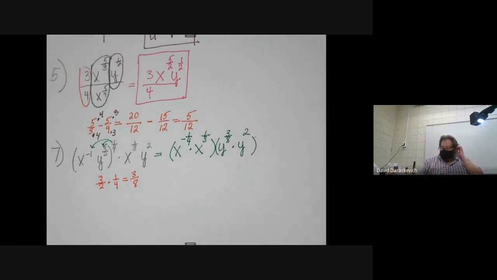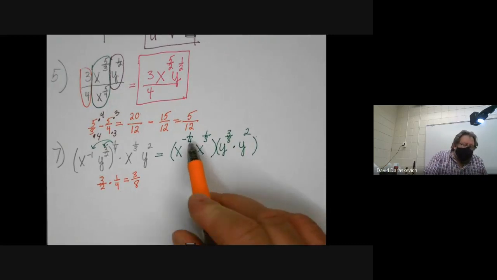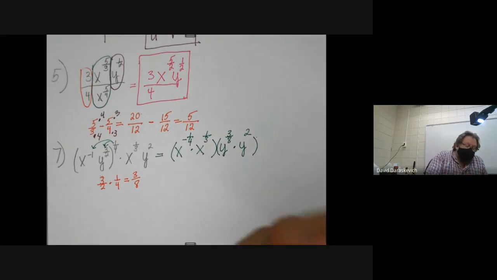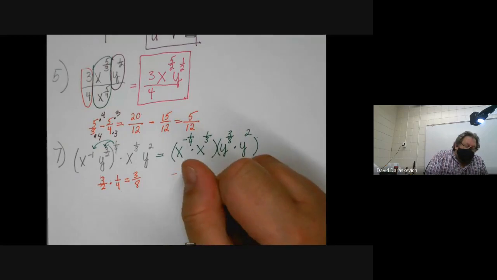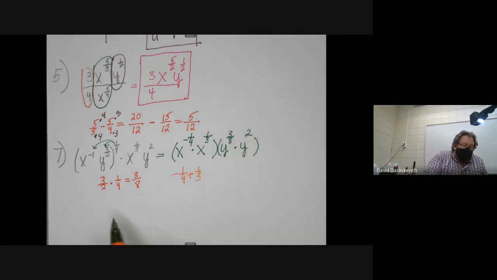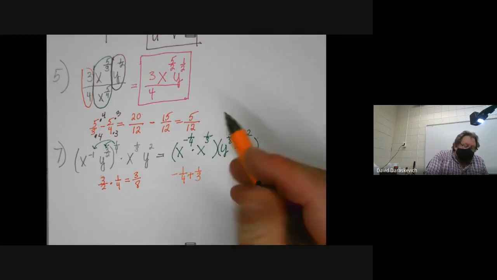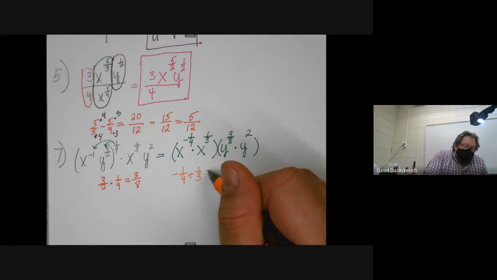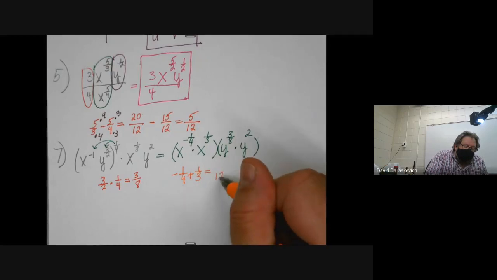Okay, so let's look at the x exponents. Same base being multiplied, we add these. -1/4 plus 1/3. And we already know the common denominator for 4 and 3 is 12.